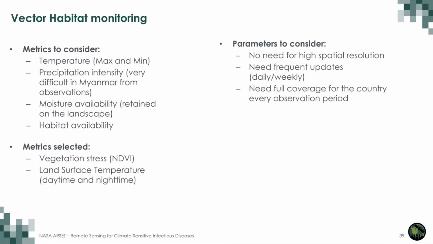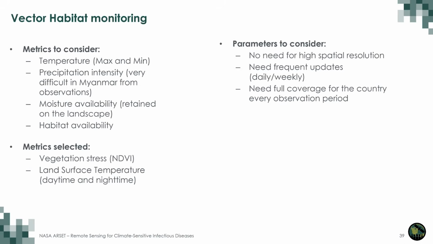So once we know what our metrics are, what do we need to consider in terms of parameters? How high of a spatial resolution do we need? Do we need 30-meter resolution to look at vegetation stress or land surface temperature? And the reality is, no, we really do not.